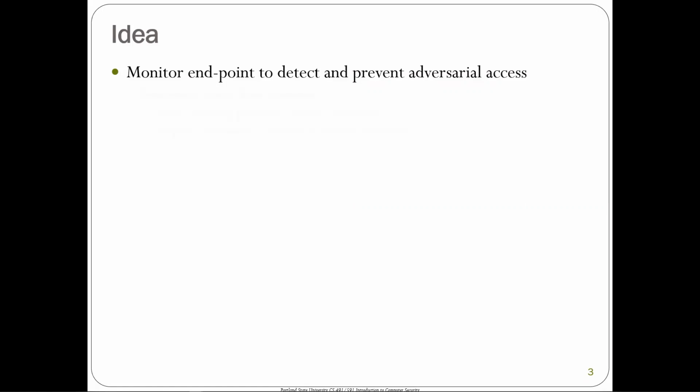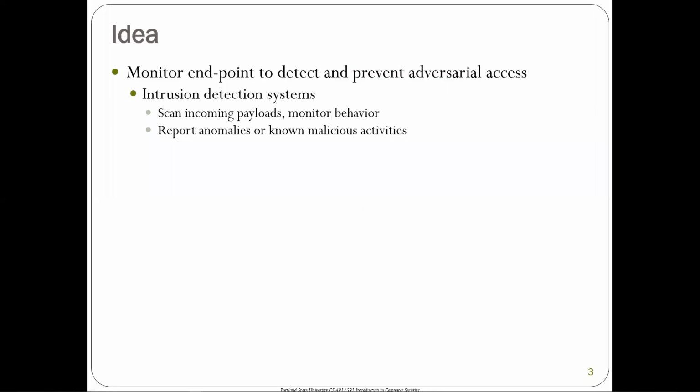With intrusion detection, you're scanning everything that's coming into your system, and you're monitoring the behavior of everything running on your system. If you see known malicious activities or anomalies from known good activities, then you'll send an alert and inform some operations team that something has happened.